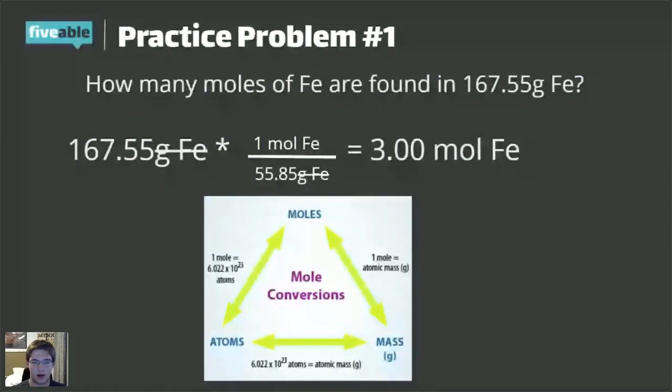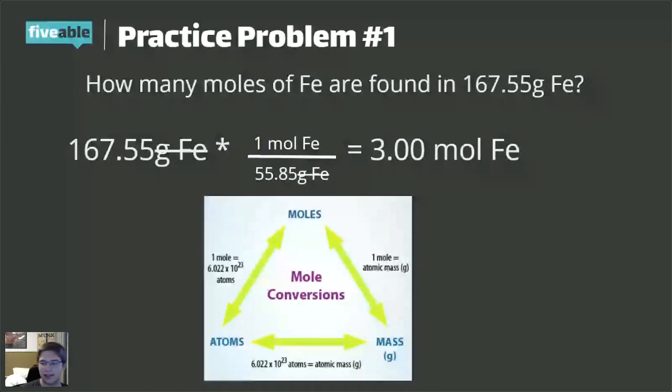So instead of saying grams per mole, now we're going to say that for every 1 mole of iron, we have 55.85 grams of iron. And that's found right on the periodic table, element number 26. And then by doing this conversion, we find that that's exactly 3.00 moles of iron.